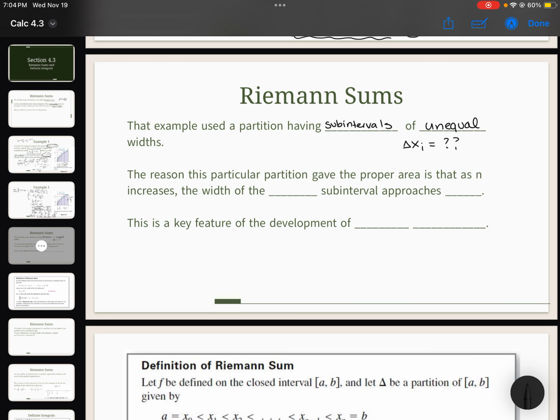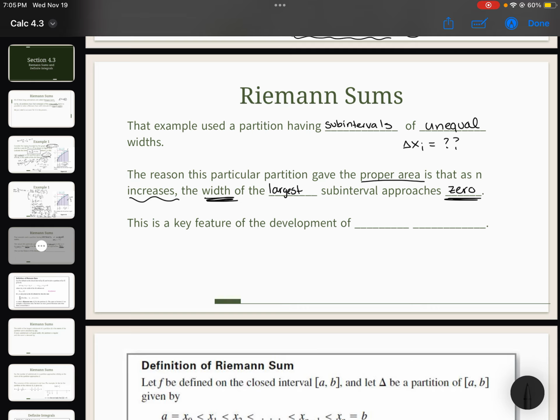The reason this particular partition gave the proper area is that as n increases, so n is heading towards infinity, the width of the largest subinterval, and this almost seems counterintuitive, approaches 0. What that means for us is all of these rectangle widths, because I have so many rectangles, even the largest rectangle, even its width is heading towards 0, right?